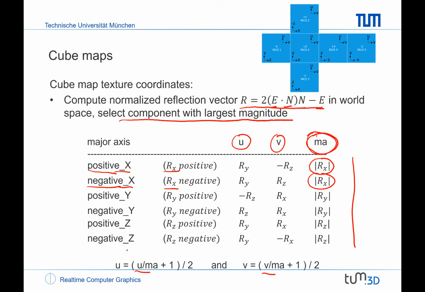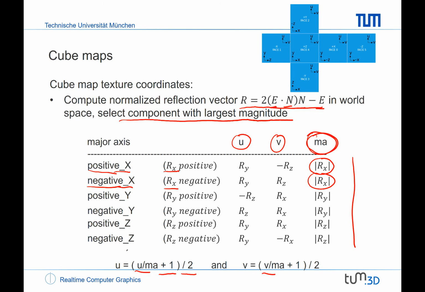And this then gives us a value between -1 and 1. And that now has to be normalized to 0 to 1, and that is done by adding a 1, which shifts everything to the range from 0 to 2, and now dividing through 2, that gives us finally the texture coordinates U and V in the range from 0 to 1.